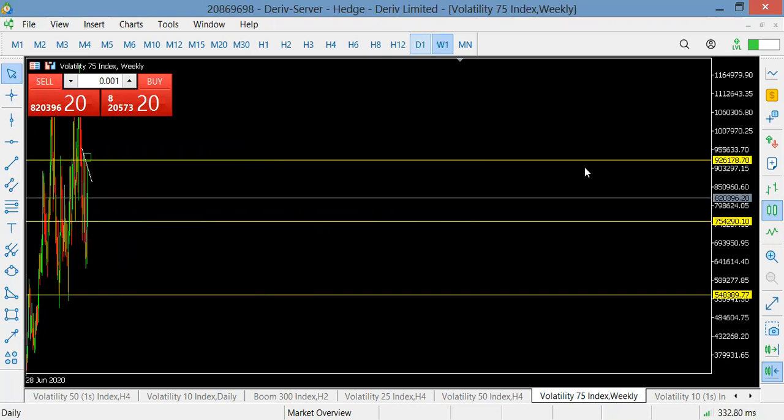You can see this higher low has been taken out by this, and this higher low has been taken out by this bearish impulsive move. So that is the reason why I am speculating that the VIX 75 Index is bearish. I have a couple of minutes left on this recording.